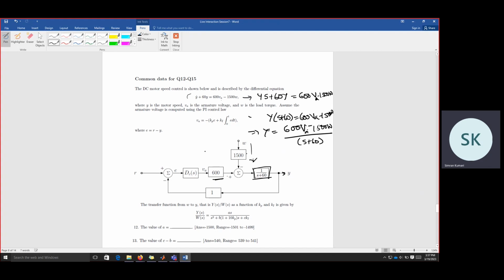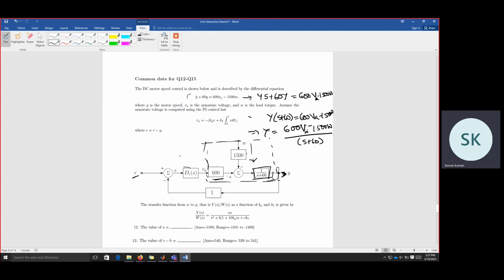This is the overall system with disturbance that is given. Now this system has to be controlled. That is the motor speed has to be controlled such that it tracks the reference speed.